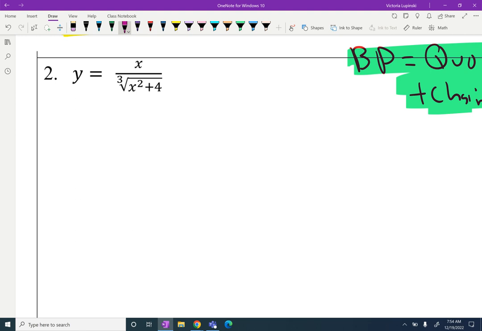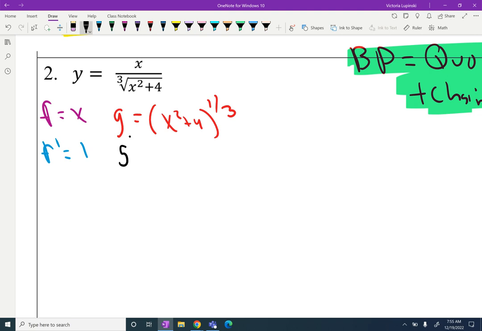We're at the point now where we still should be doing f prime, g, g prime. So f is just regular x. What about the derivative of x? Is just 1. G is x squared plus 4 to the 1/3 power. Remember, that's equivalent to a cube root. And then the derivative of g, you'll bring down the 1/3.